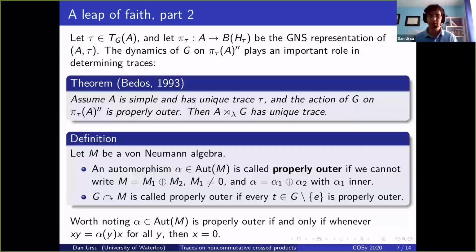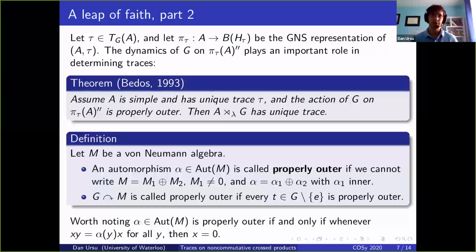Only he didn't call it that, he called it freely acting instead. But just as a brief description here, your intuition should be that if x was a unitary, or even some unitary on a corner, that's saying that alpha is acting inner, or at least inner on a corner. And properly outer says that can never happen. So that's why we're saying x is 0.